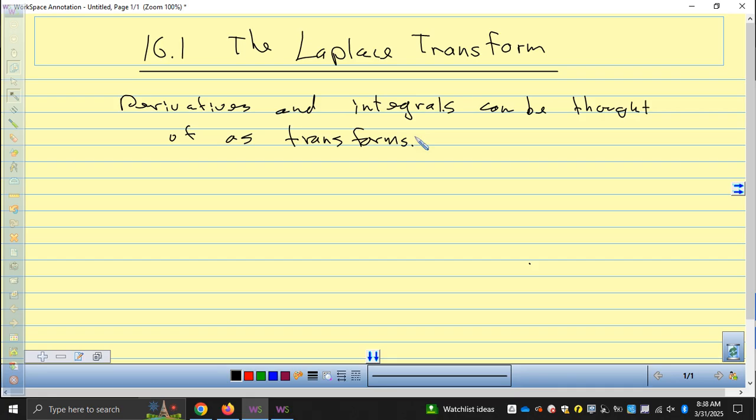Derivatives and integrals have what we call the linearity property, which is nice and very useful.